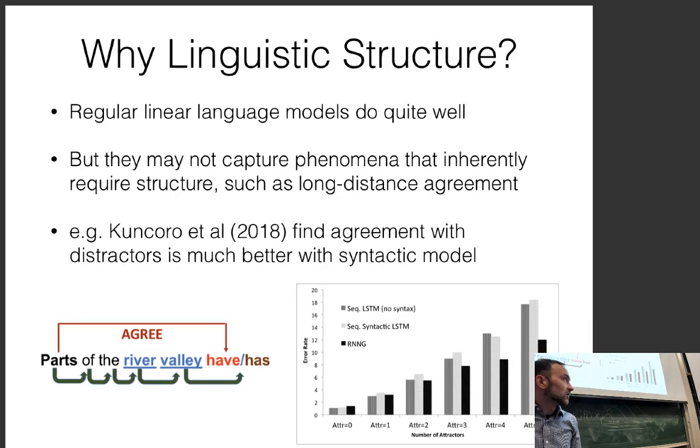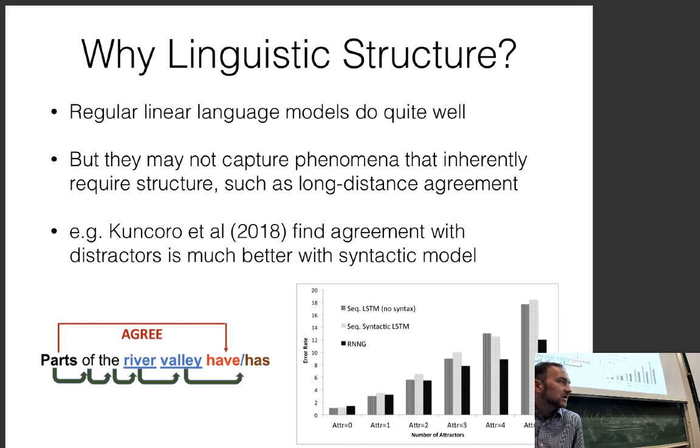So to go back a little bit, why would you want to insert linguistic structure? There's a really interesting study by Kuncoro et al. 2018 where they compare a sequence-based LSTM, which has no syntax whatsoever, with a sequential syntactic LSTM, where we linearize the trees, and with the full recurrent neural network grammar that includes the syntactic composition function.